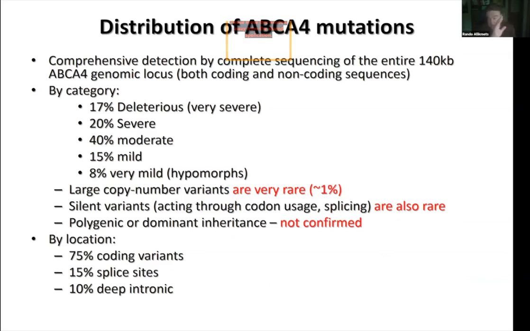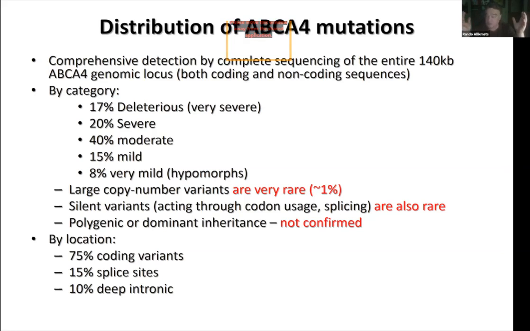I will not go deep into other things, but an important point to consider at the bottom there is that only three quarters of the mutations are actually in the coding regions of the gene, meaning that they affect the protein directly. The others are outside of coding regions. For starters, they are much more difficult to find because the gene itself is big.